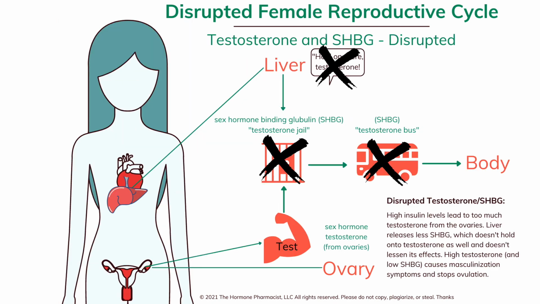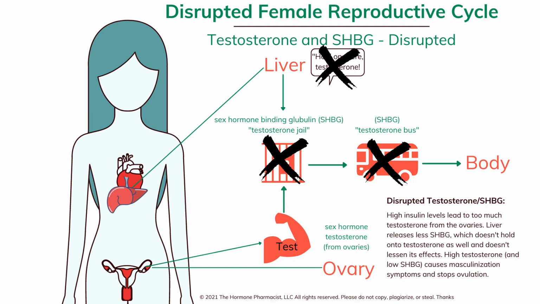Also, when we look at testosterone and sex hormone binding globulin, that process is disrupted as well. Normally, the liver says, hold on there, testosterone, but it produces a lot less of that SHBG. So the testosterone jail keeping testosterone in check is not working very well, and the testosterone bus that moves testosterone around the body is not working that well.